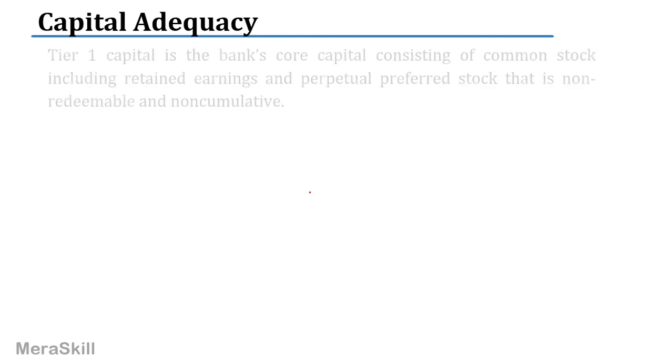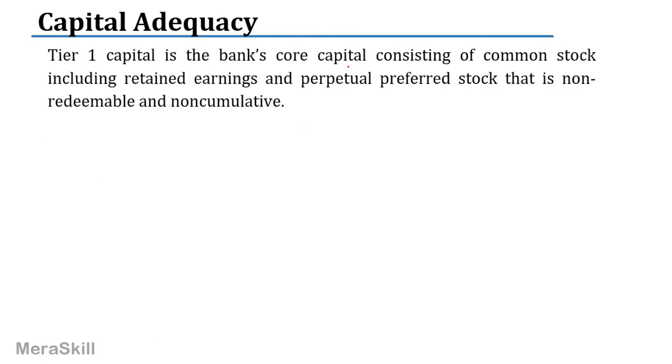Now, let us just look at what is Tier 1 capital. Tier 1 capital is the bank's core capital consisting of common stock, right? So, the equity shareholders, whatever they have brought in, the retained earnings, and perpetual preferred stock, that's the preferred stock which is non-redeemable and non-cumulative. Okay, preference shares, non-redeemable, non-cumulative.